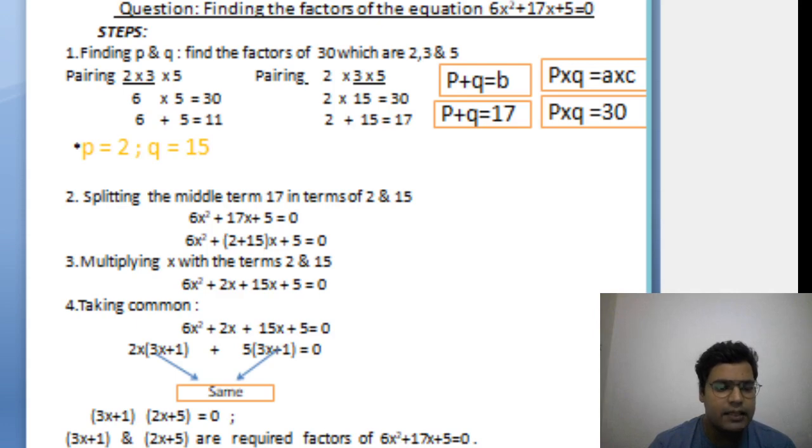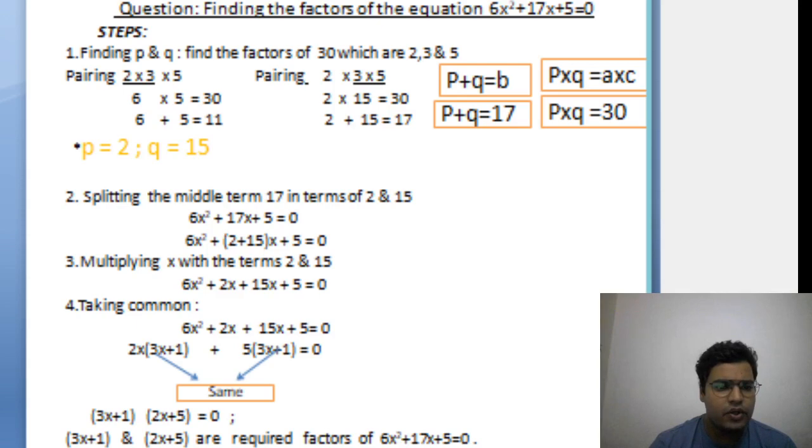Here we are getting the same bracket. This shows clearly that all the steps which we have taken, first, second, third, and fourth, are totally correct. So it's also a method of checking whether we are proceeding in a proper manner or not. So just check, students, that these two brackets should always match while you are proceeding in this step. If these two brackets are the same, then we are going all right.